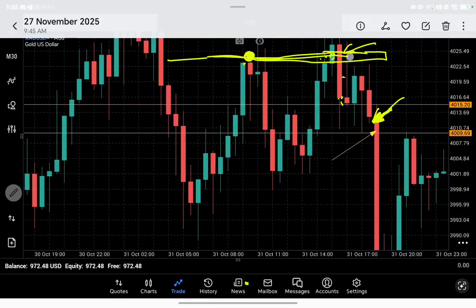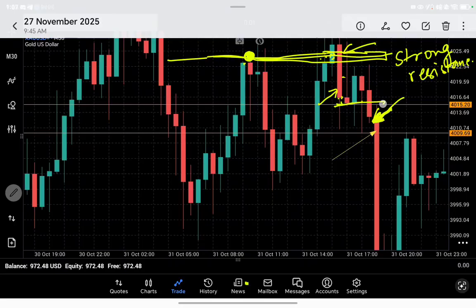So it is considered a strong resistance at this point, right? So we are not going for a sell because it's a fake out, and if you look at this candle, the body of the candle is too big. So we are waiting for a good confirmation, right?